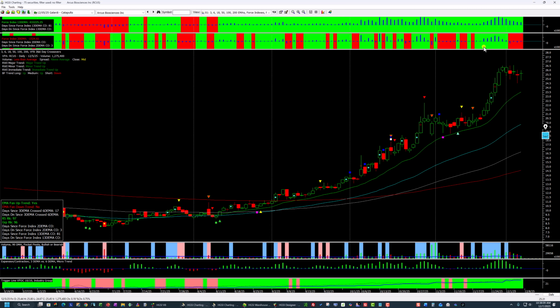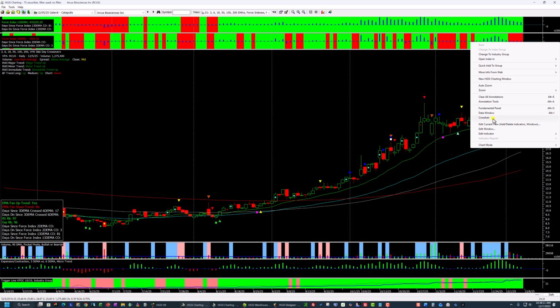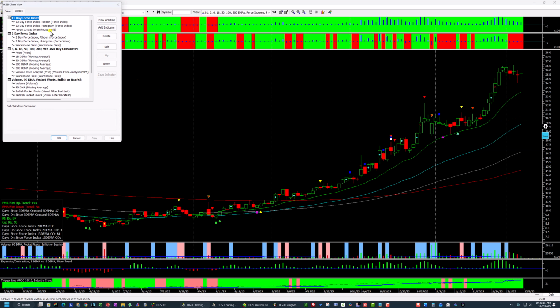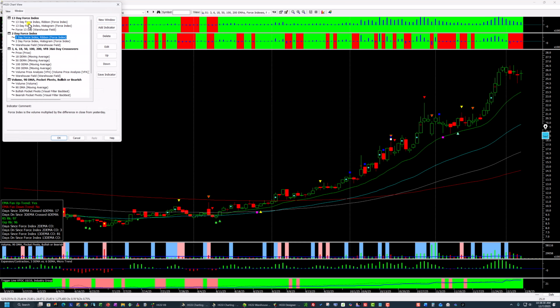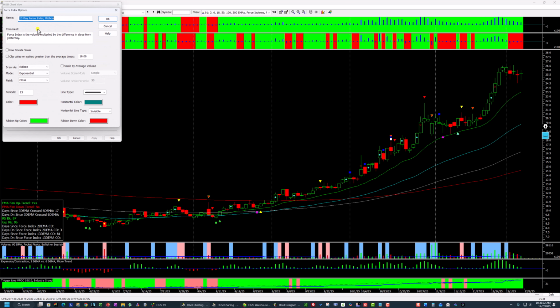So if I go up here and click on this and edit the current view, let's look at the force 2-day. The force index is the volume multiplied by the difference in close from yesterday. So this would be the 2-day force, and this would be the 13-day force.